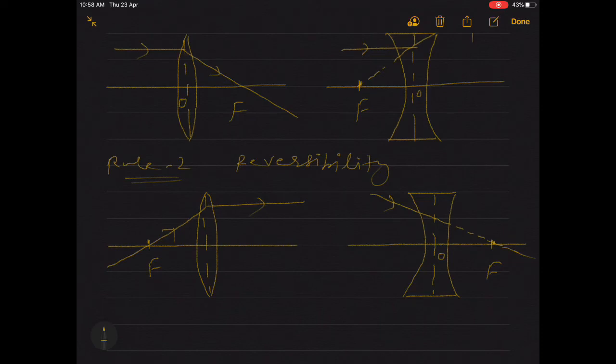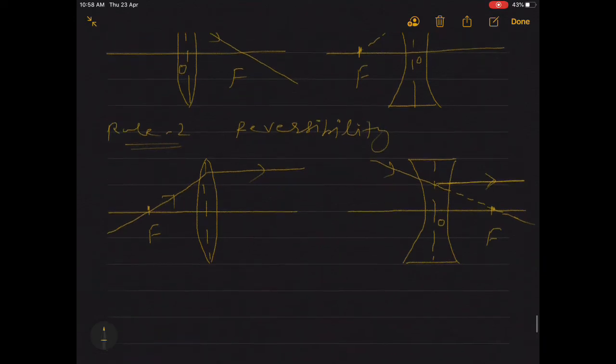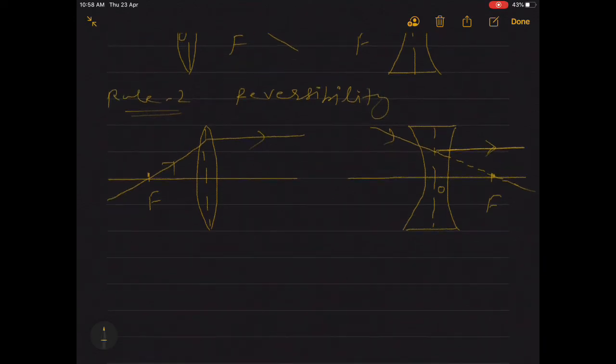After being refracted, this ray will become parallel to the principal axis. Sometimes if you consider this ray in the wrong manner, that will result in a wrong ray diagram.